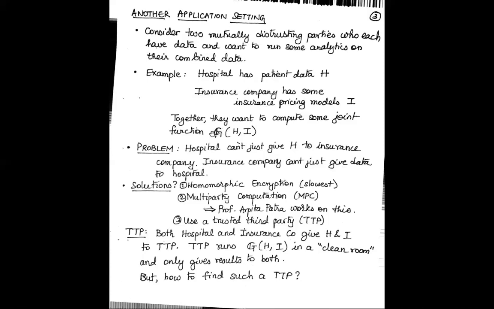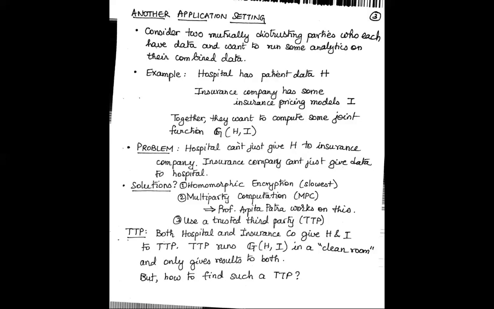Let's just call it G, that the hospital and the insurance company want to compute on H and I. But the problem is, as I told you, the hospital is not willing to give H to the insurance company, and the insurance company is not willing to give I to the hospital. That's the problem. So now the question is, how do the hospital and the insurance company together compute this function G?